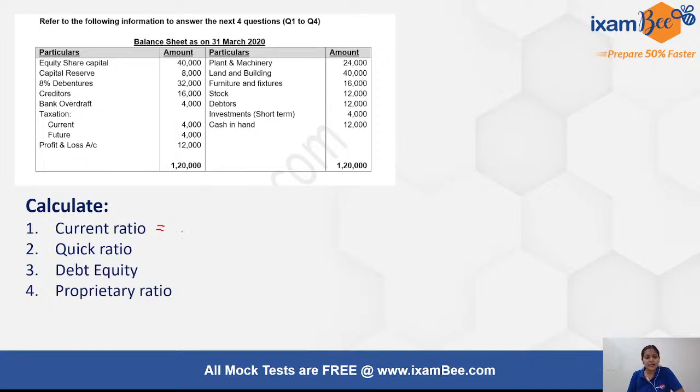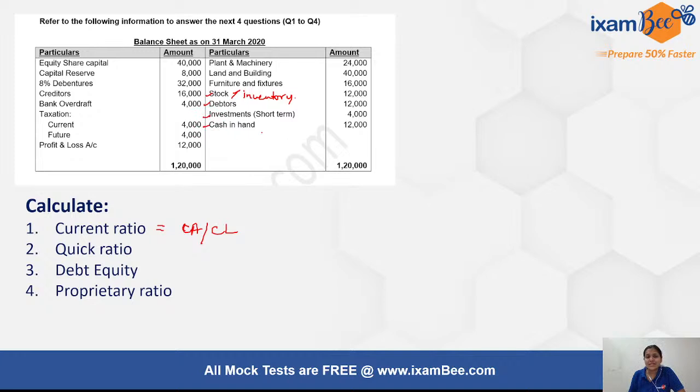The current ratio is calculated as your current assets divided by your current liabilities. Now we need to, from this data, calculate the current assets and then the current liabilities. Current assets will include your stock, basically your inventory, also called stock in the balance sheet, debtors or receivables, your short term investments, because these are short term, they will also be current assets, and your cash in hand.